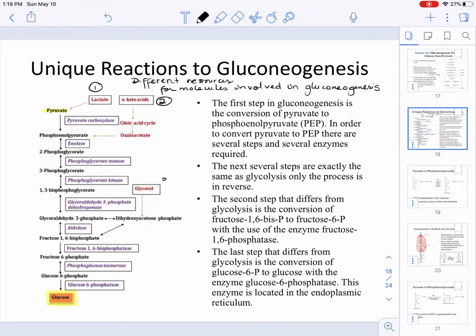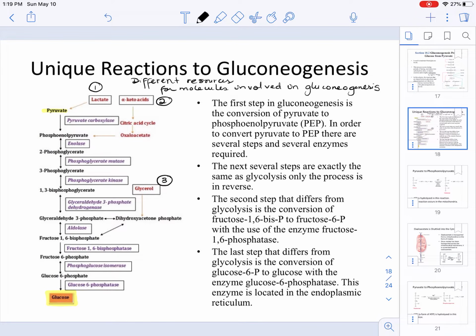We can also have glycerol, and what we're going to see in chapter 21 is that glycerol, when you hydrolyze triglycerides, is one of the products. So glycerol can also be converted into a molecule that is called dihydroxyacetone phosphate, which we have seen previously, and that can enter gluconeogenesis in order to synthesize the wanted glucose molecules.